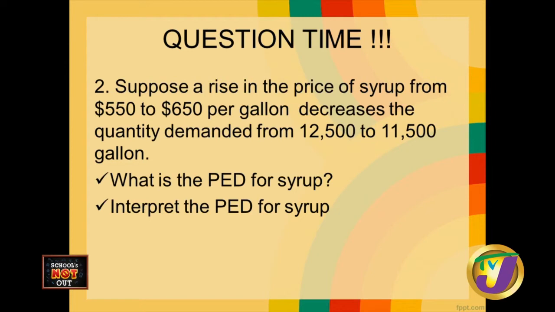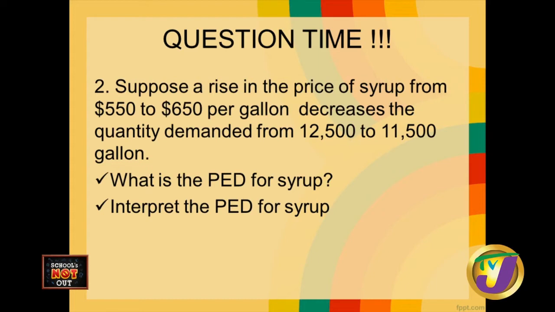What is the PED for syrup, and interpret the PED for syrup? So let's go again. This time, we are not given the percentage change. We'll have to work it out to calculate the price elasticity of demand for syrup. Again, have your formula in place so that you do not make any errors.